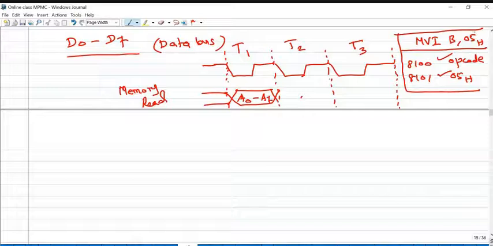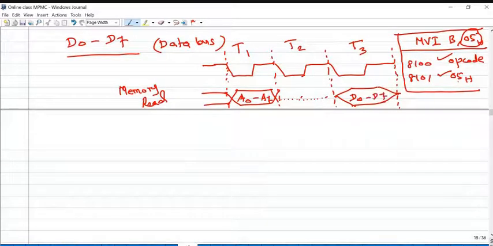The processor assumes that the data is available in the next immediate address location. It needs some time to access the data from the memory, so in a memory read operation you have to mention your data line like this. This line indicates the access time.